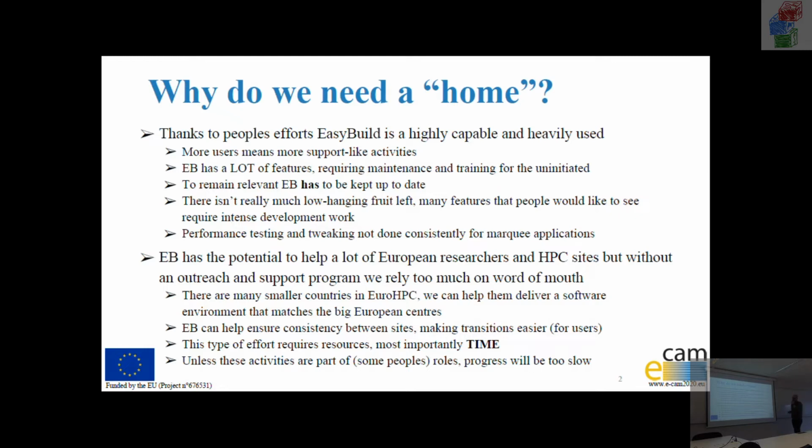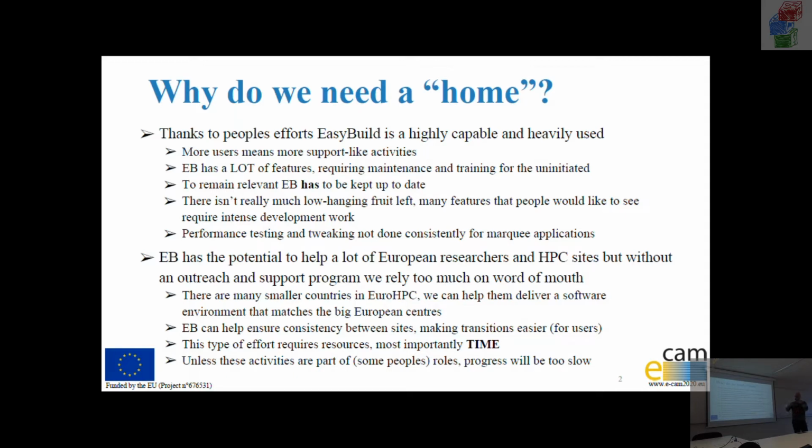And one of the things that I think is quite important is that we really don't do the kind of performance testing and tweaking that we should do, especially for the marquee applications, the big ones. I come at that from my center of excellence hat. These centers of excellence are funded at a European level, and they all have software that is supposed to be heavily supported by the EU.